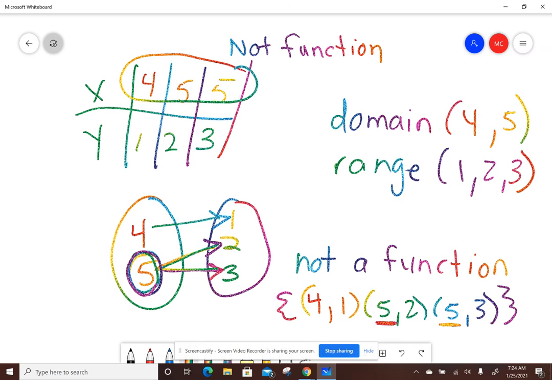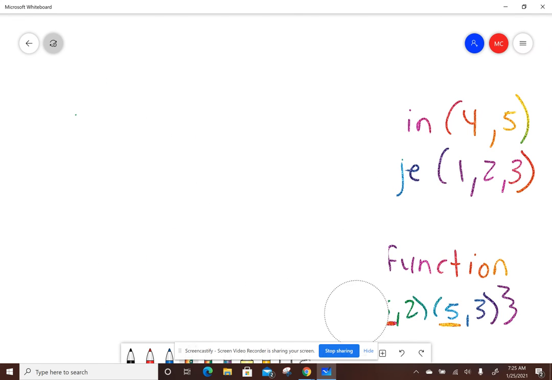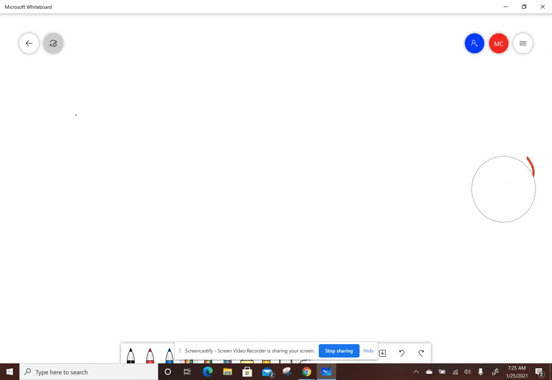Okay, so let's turn the page, and we're going to try to determine whether these are functions or not. For the first one, I have 4, 8, and 2. Notice only one arrow's coming out of each.